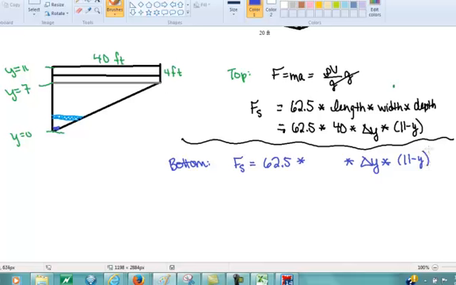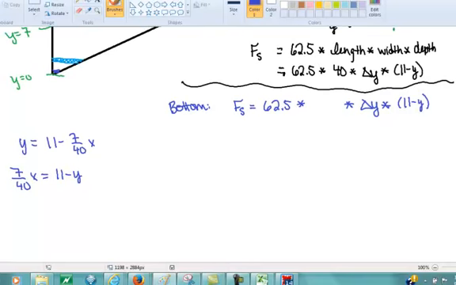And the formula we used in part D does not work. It was like y equals 11 minus... So say we switch places with the x and y, and we get 7 over 40 x equals 11 minus y, and then multiply both sides by 40 over 7.